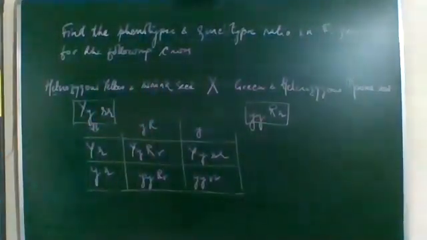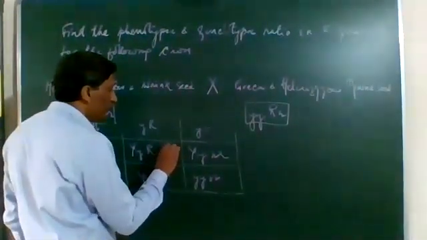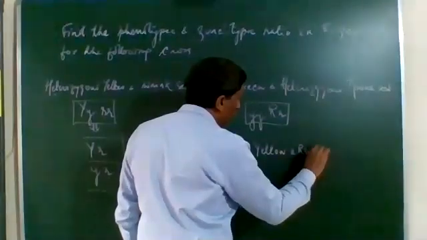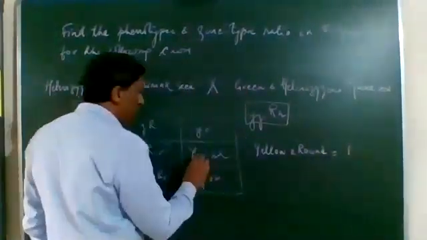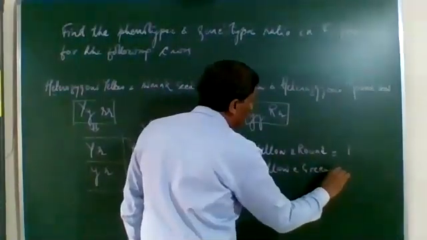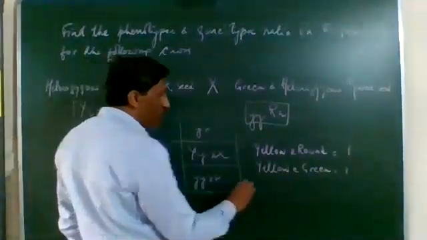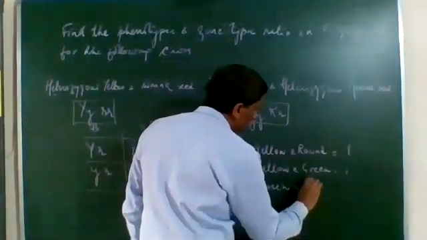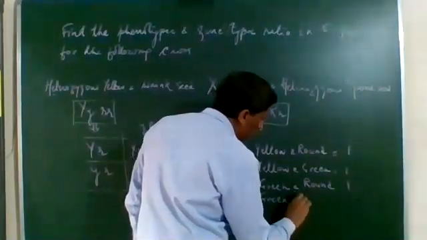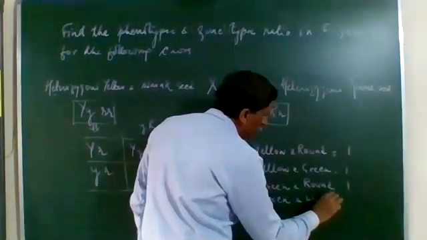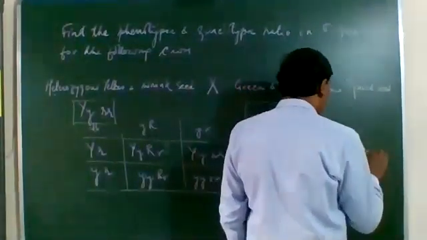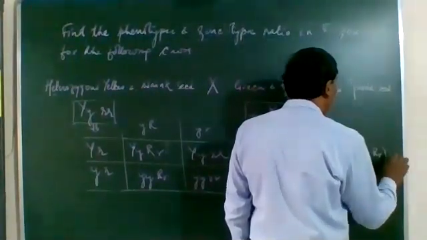So now what did we get? We got yellow and round, one; yellow and wrinkled, one; green and round, one; and green and wrinkled, one.